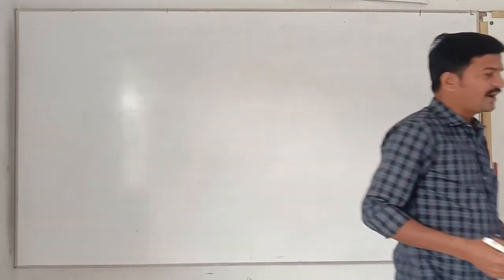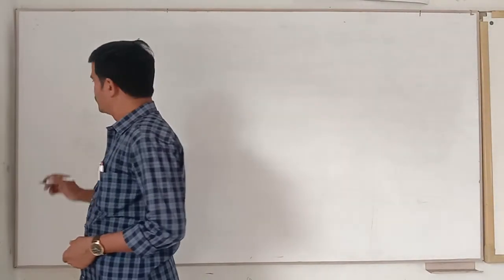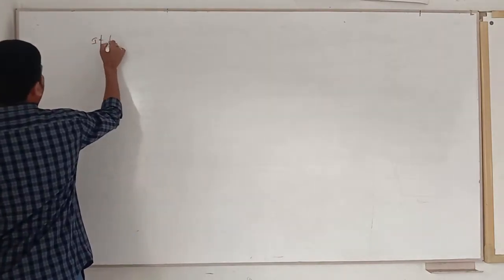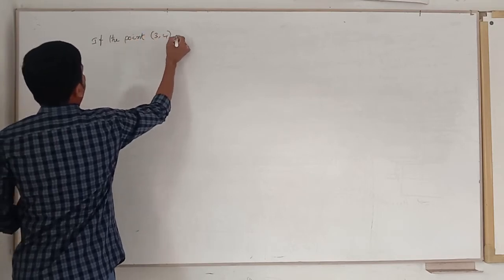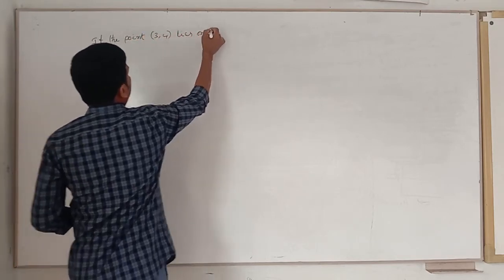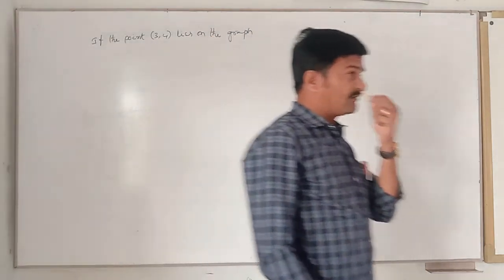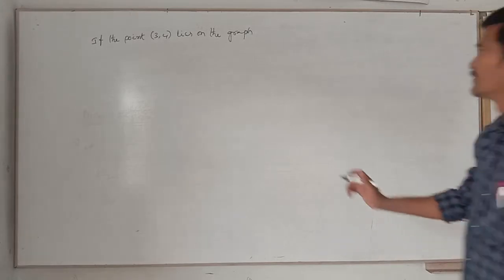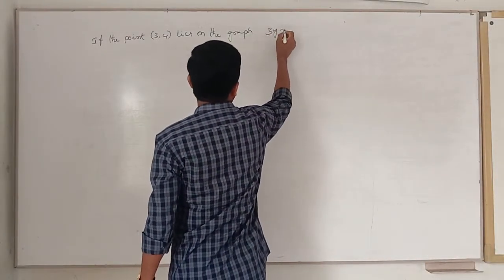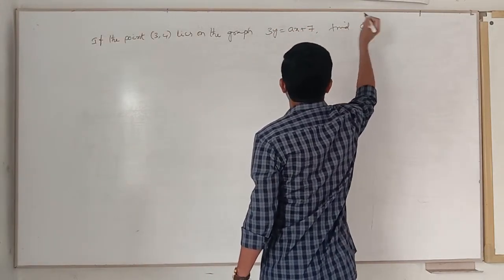Write down. If the point 3 comma 4 lies on the graph 3y equals ax plus 7, then find a.